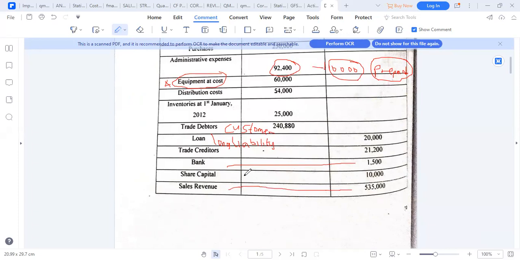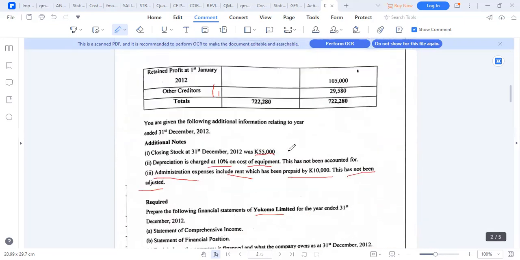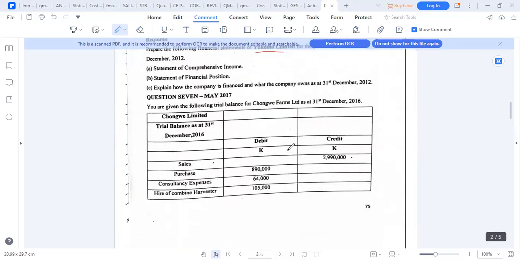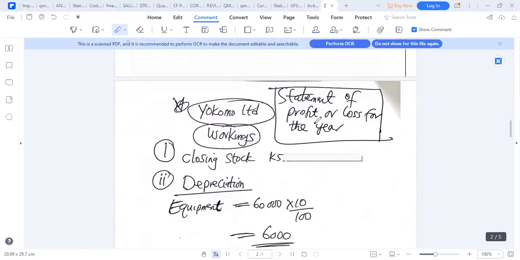Capital, we have 10,000. Then of course the purchases, we have 250,000. So now we can go to the preparation of this statement. Now the workings, the statement of profit and loss, these workings for Yokomo.